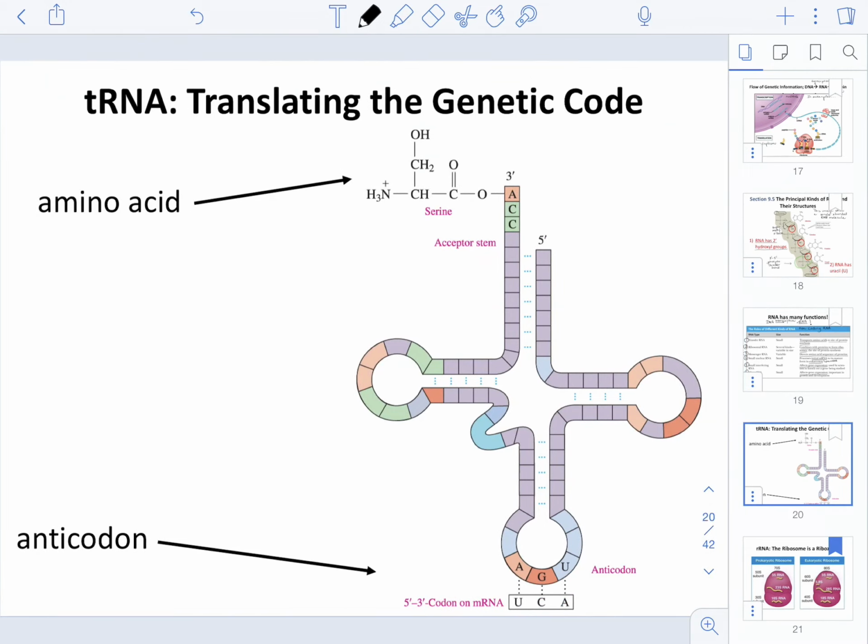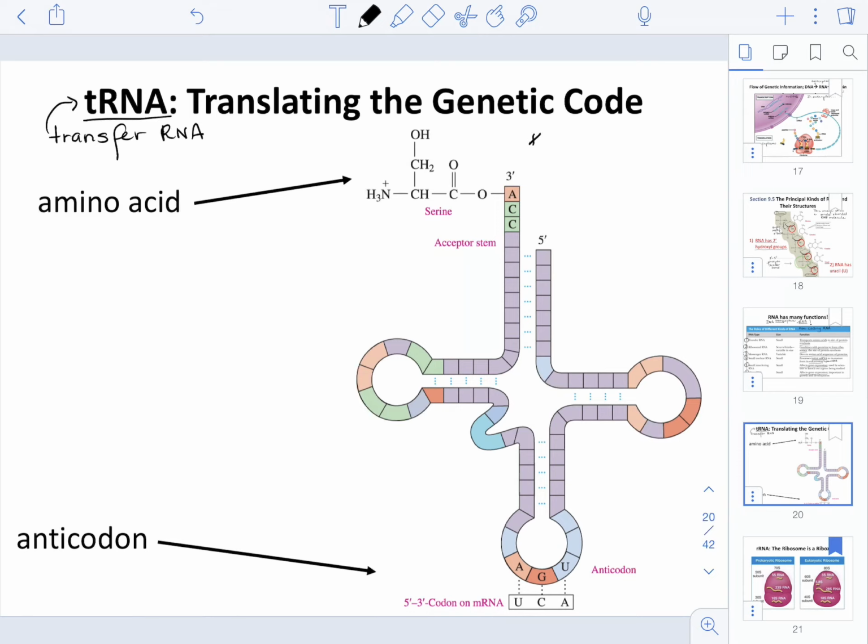Let's get started talking about the particular chemical features of each of these RNA molecules, starting with transfer RNA. When it comes to transfer RNA, understand that the abbreviation for it is tRNA.